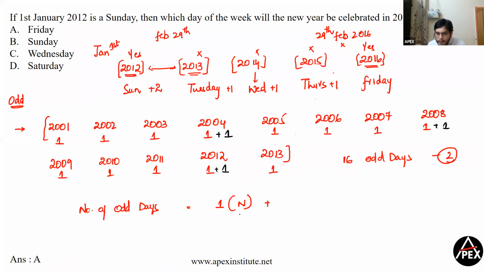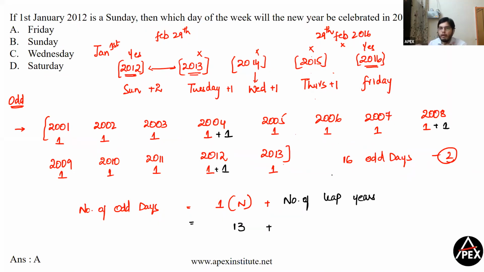So I can say that the number of years plus the number of leap years will give us the total number of odd days. Yes or no? Number of years plus number of leap years, which have one extra odd day. So here, how many years do we have? We have 13. Perfect.